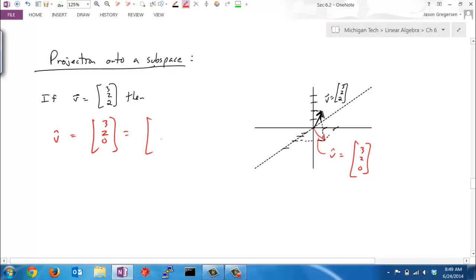Which is really 3, 0, 0 plus 0, 2, 0, which is really, when you think about it, the projection of my vector onto this thing, plus the projection of my vector onto this thing.